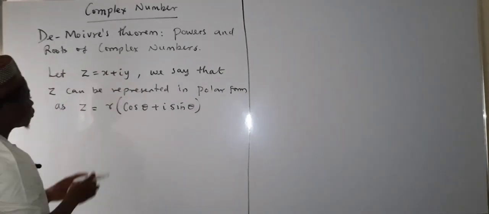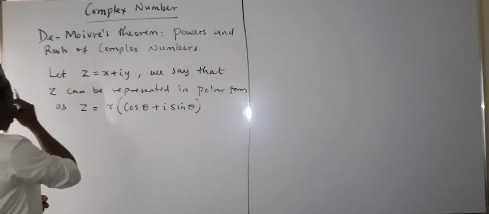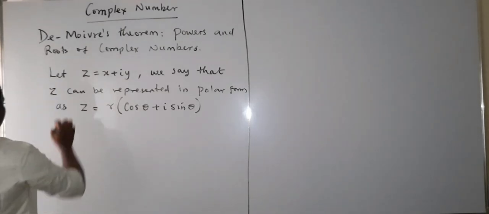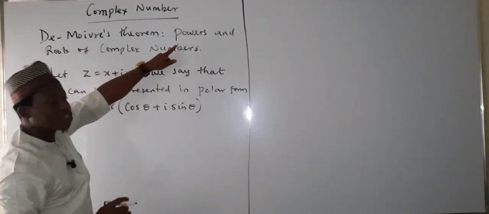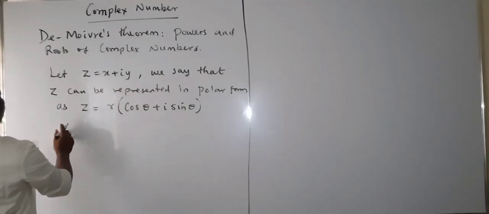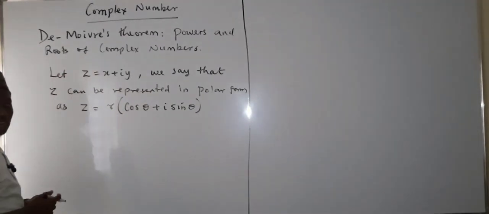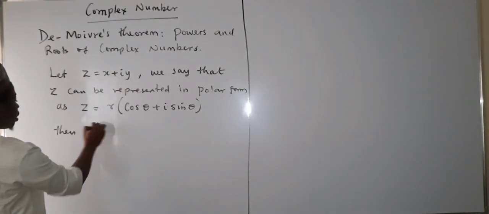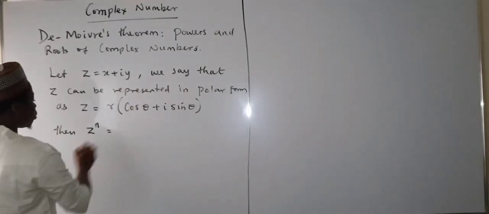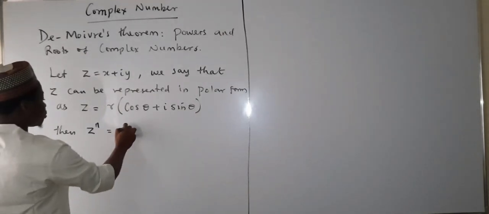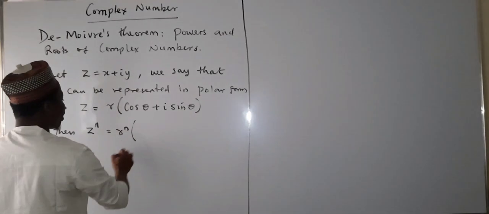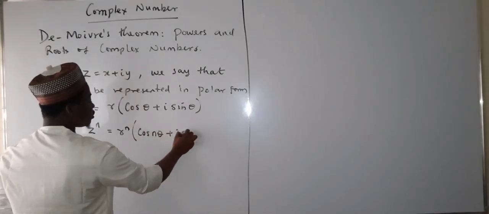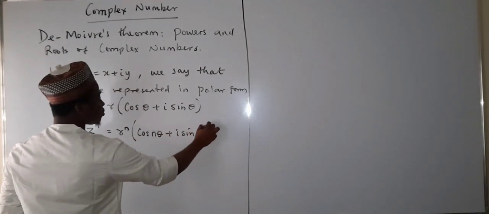Now we want to prove that z, which is the power of the complex number z, that if we have z equals x plus iy, then z raised to the power of n is equal to r raised to the power of n, open bracket, cos n theta plus i sin n theta.